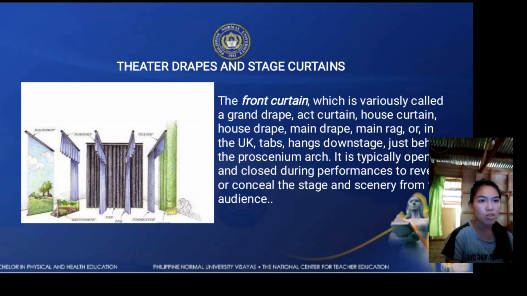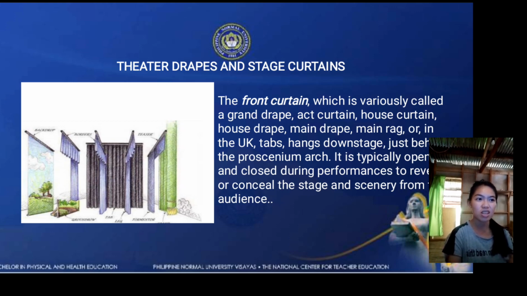Now let's go to the theater drapes and stage curtains. So we have the front curtain, which is variously called a grand drape, act curtain, house drape, main rag, or in the UK, tabs.